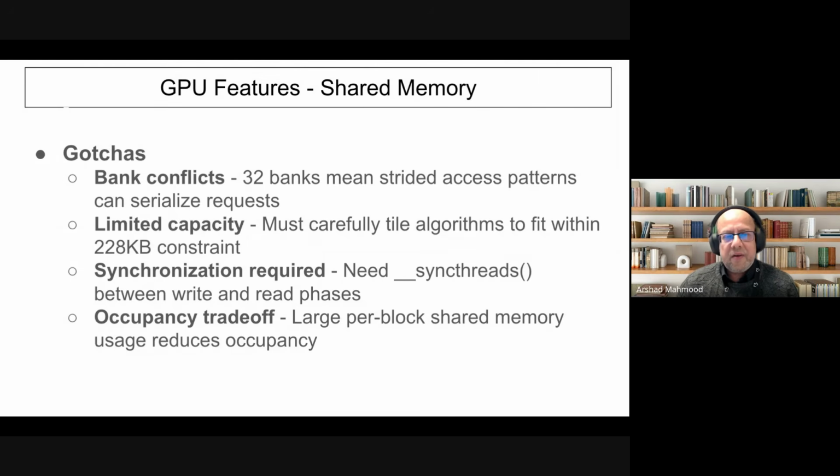The other problem with shared memory is that it's fantastic, but it has very limited capacity. There's only 228 kilobytes of it per streaming multiprocessor, so instead of the gigabytes we had in global memory, this is very small. The other issue is that synchronization is required.